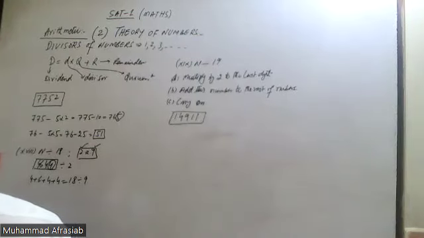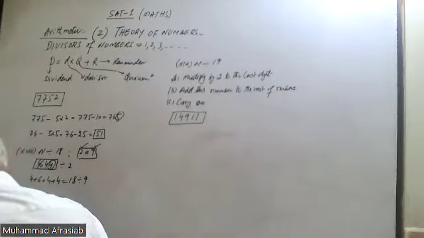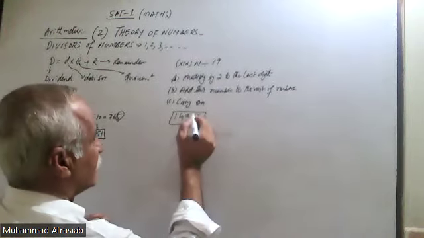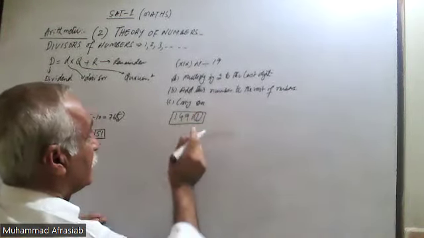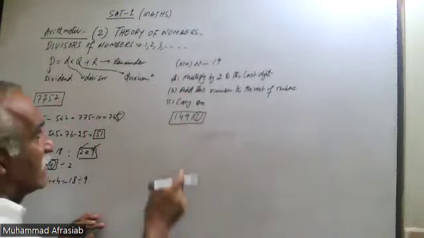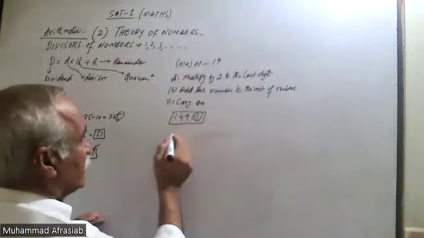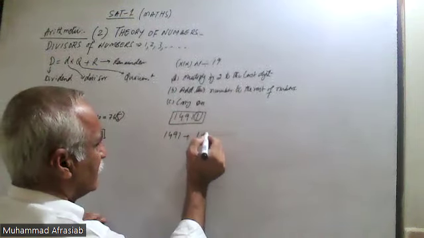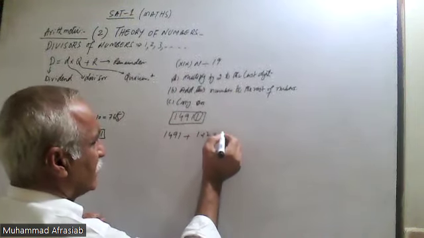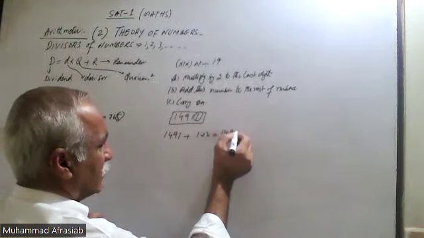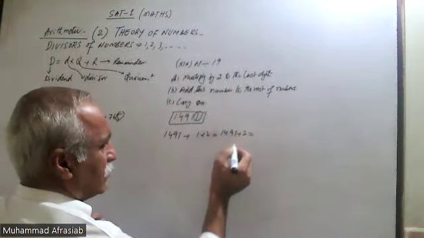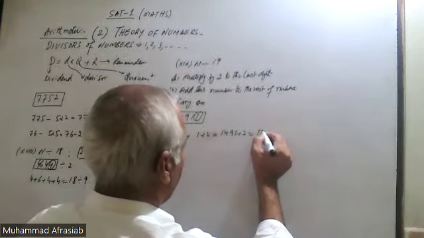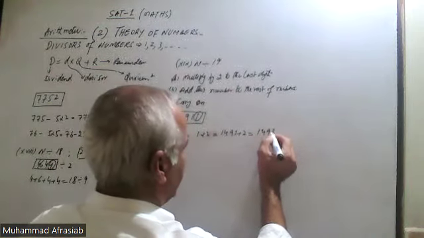So this is the last digit of this. You multiply it by 2 and add it to the rest of the numbers. So 1499 plus 1 into 2, that is 1499 plus 2, and that is equal to 1501.